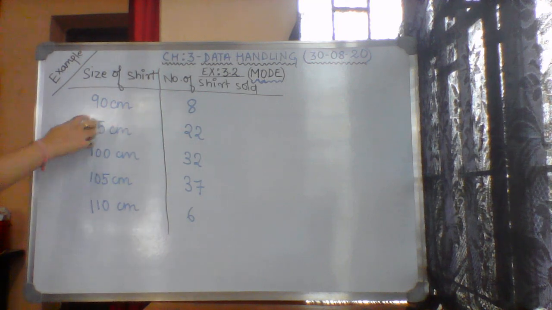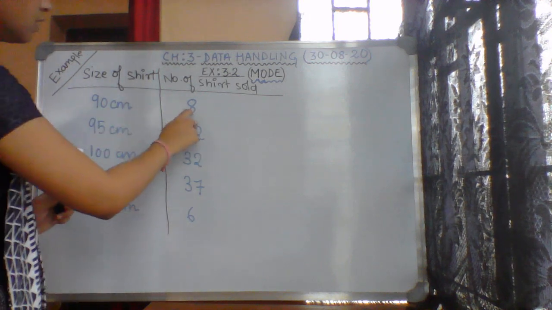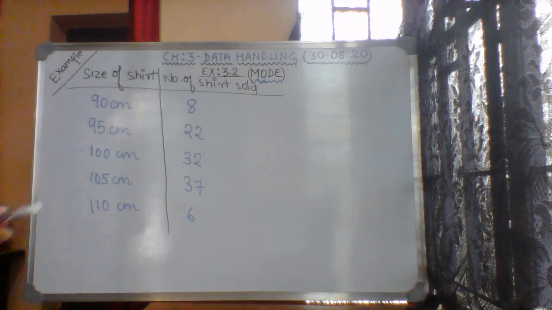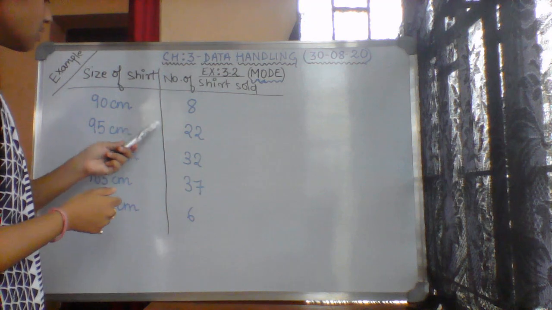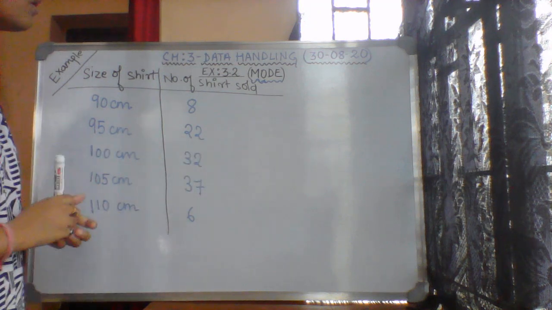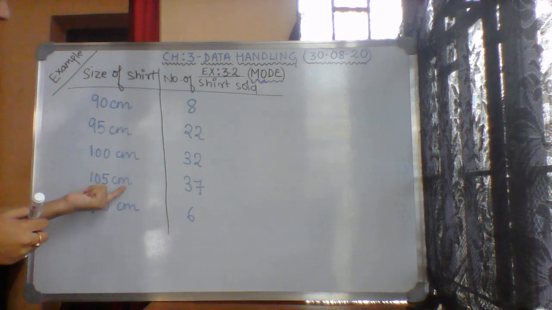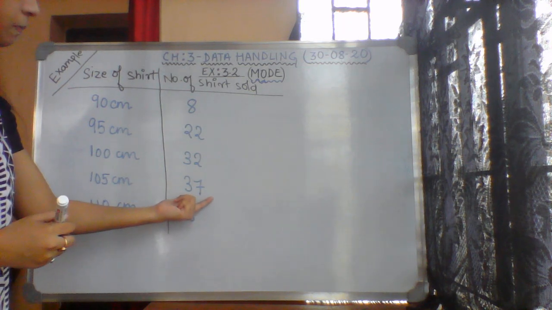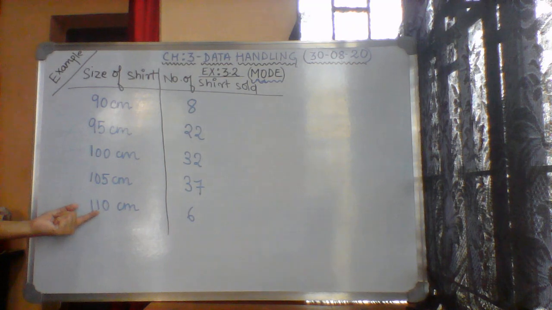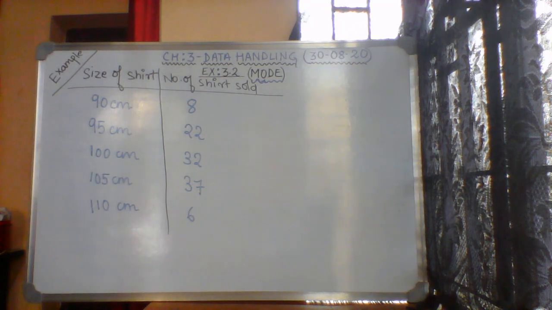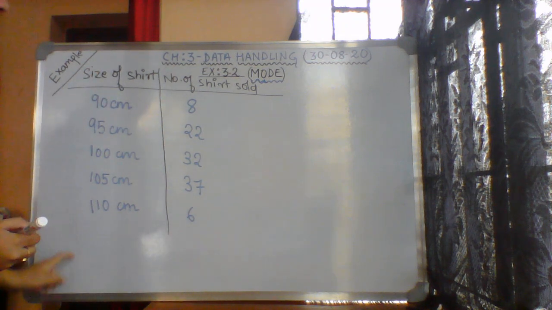Similarly, 95 centimeter by 22 in a week, 100 centimeter by 32, 105 centimeter by 37 people in a week, and 110 centimeter by 6 people in a week.